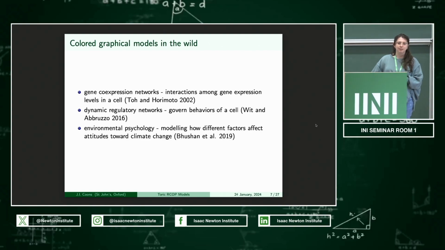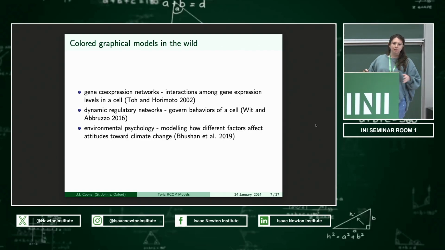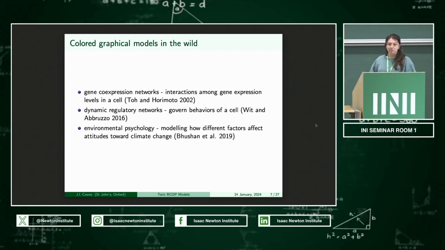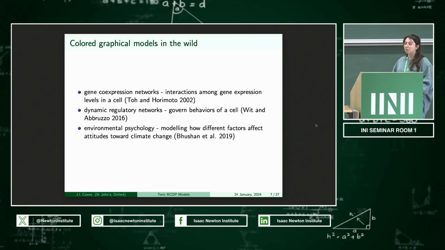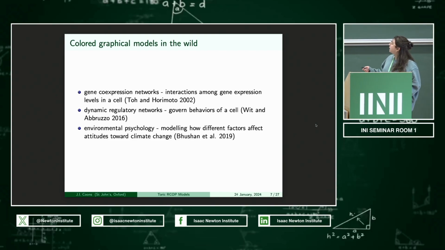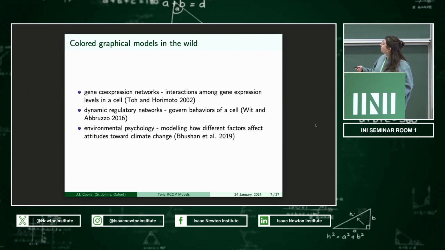For a standard graphical model, the dimension is the number of vertices plus the number of edges. But when I add colors, I can make this very low dimensional, because the dimension just becomes the number of colors that you use. So it can make really big problems like this more tractable. Dynamic regulatory networks. I thought this one was cool.